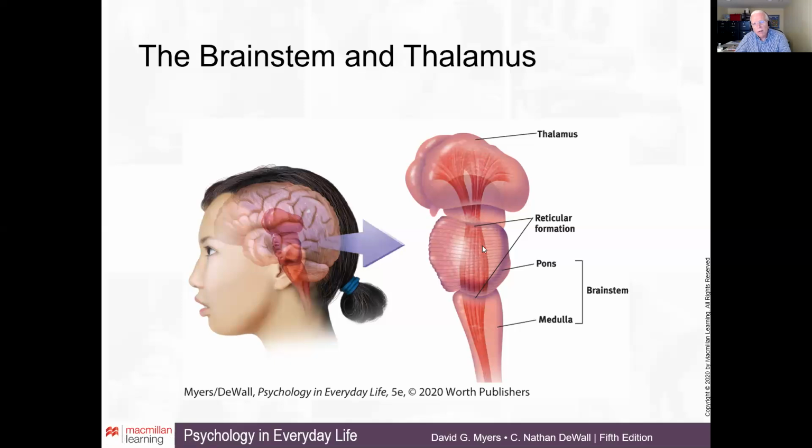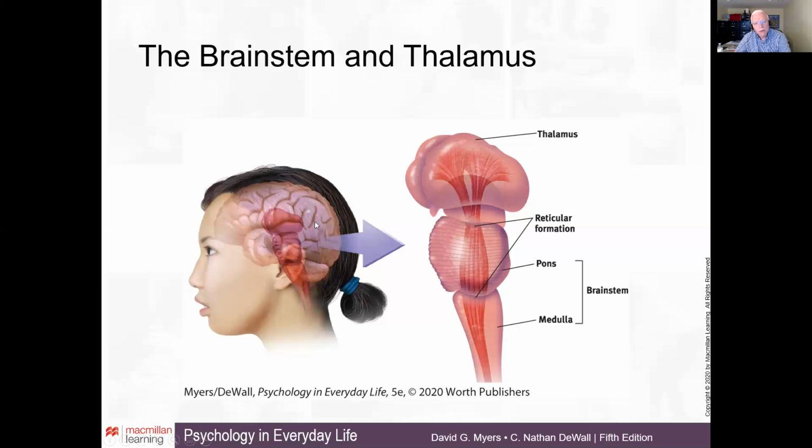And along with the reticular formation, this whole area here helps to control arousal and sends pathways or fibers up into the higher areas of the brain that help us to regulate our level of alertness or arousal.